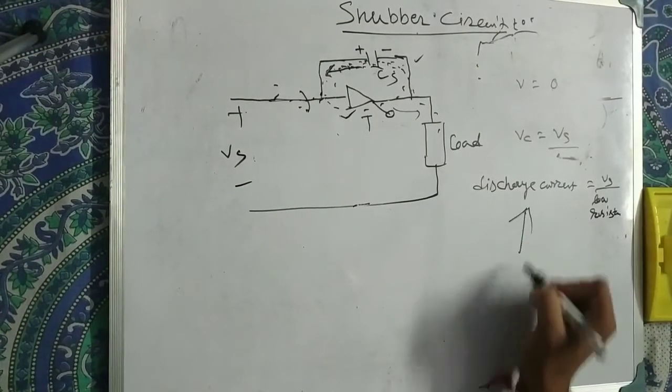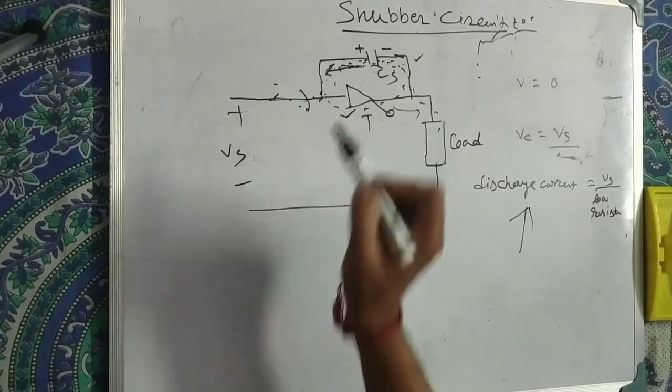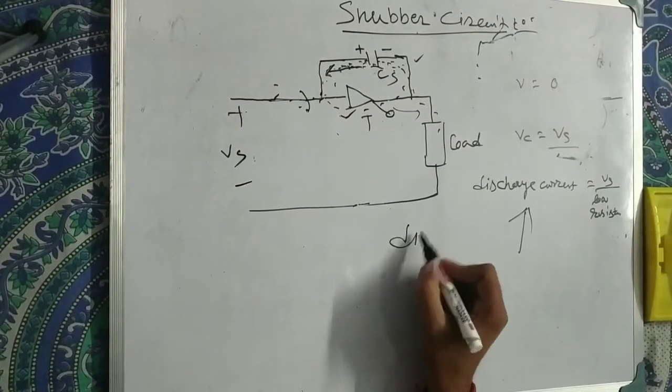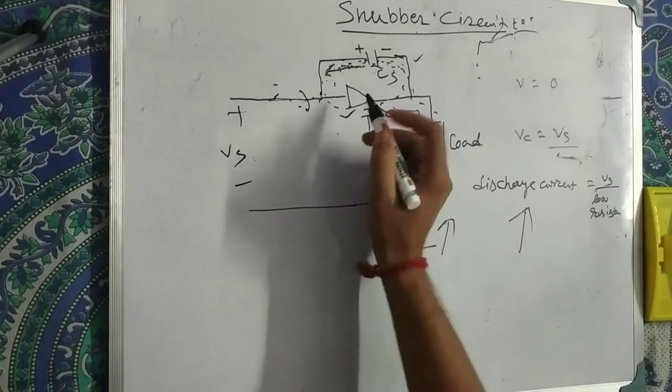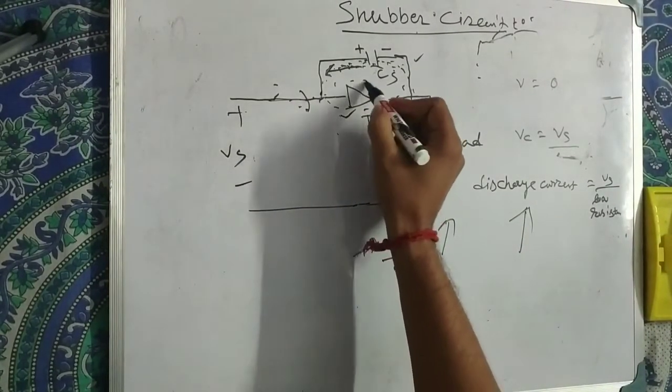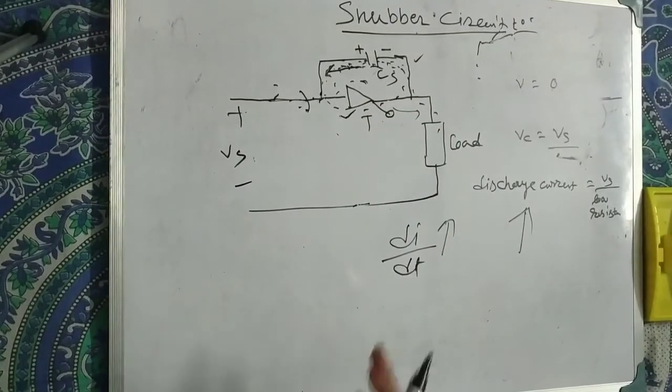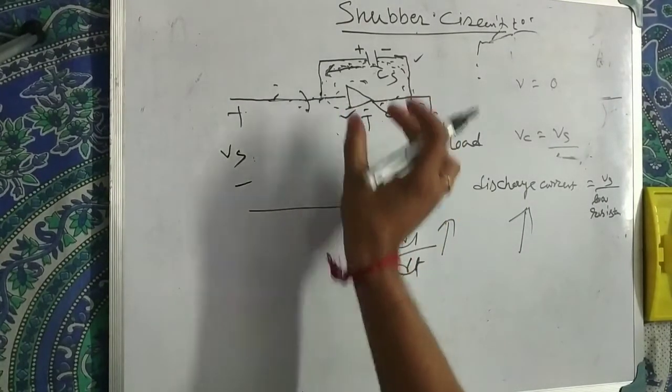So this will be very high. The discharge current of the capacitor is very high, which means high di/dt. High di/dt means there may be damage to this SCR, but we don't want to damage the precious device.